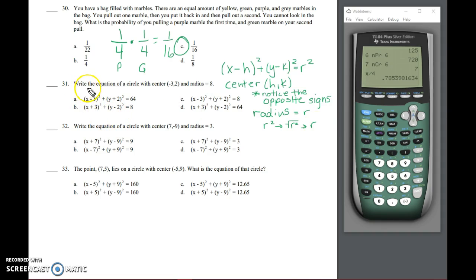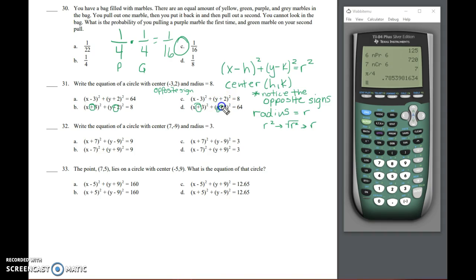Now, write the equation of a circle with a center of (-3, 2). That means in the equation, I'm going to put the opposite signs. So in the equation, I'm looking for a +3 and a -2.